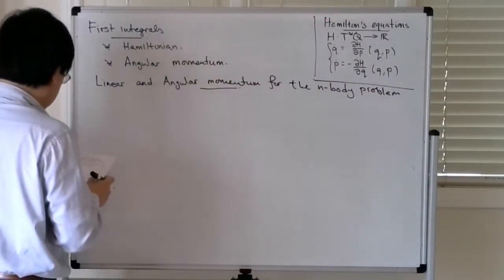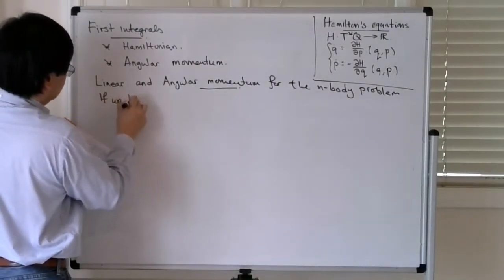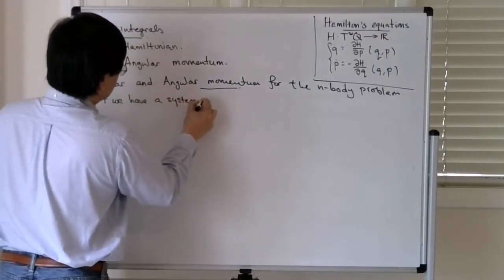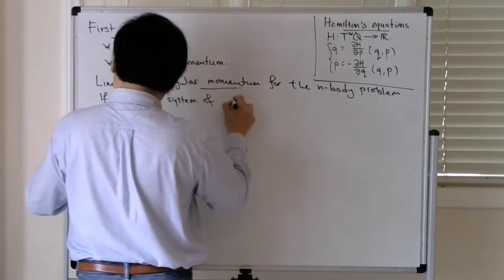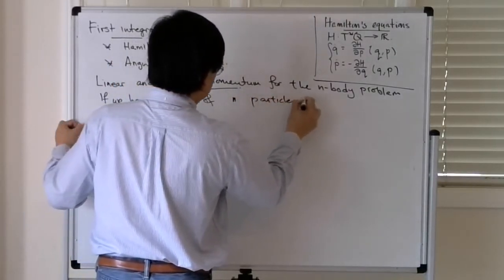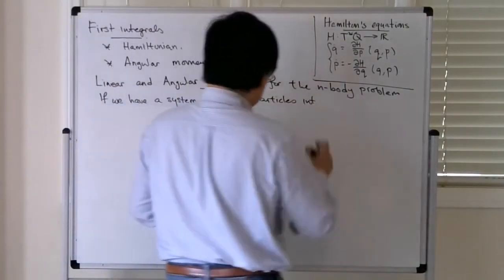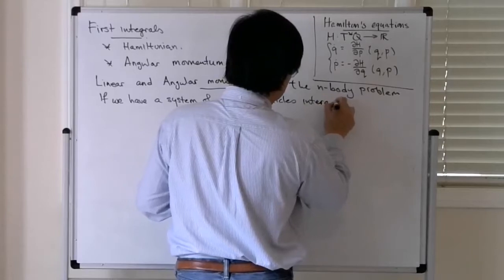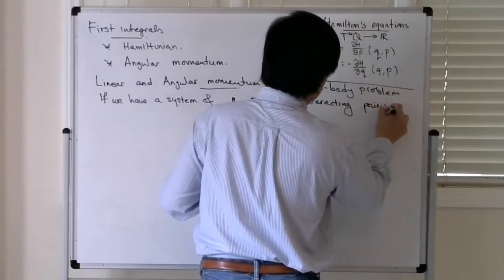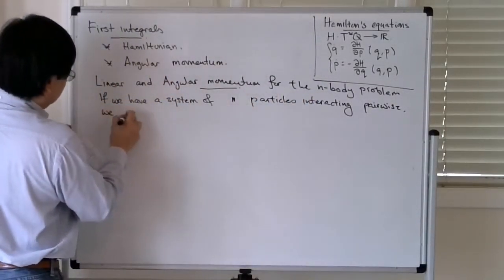If you have a system of n interacting particles, which are interacting pairwise, you can describe this as follows.